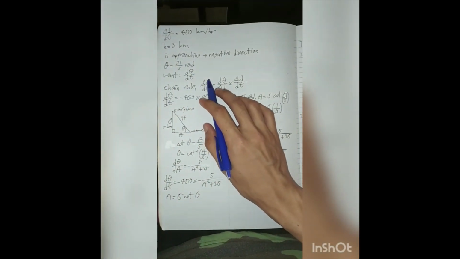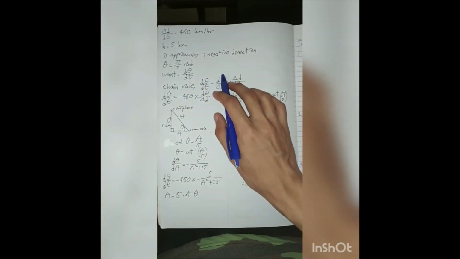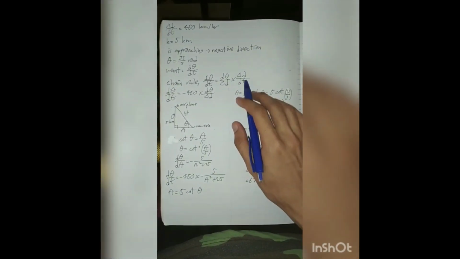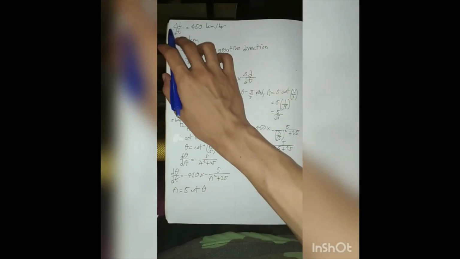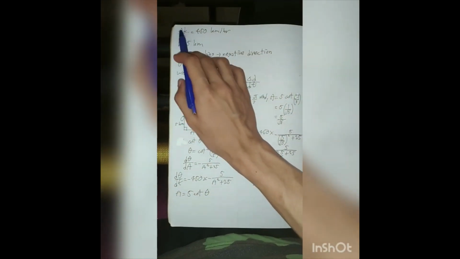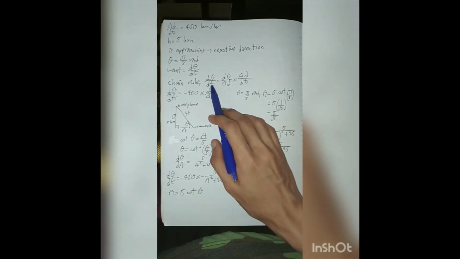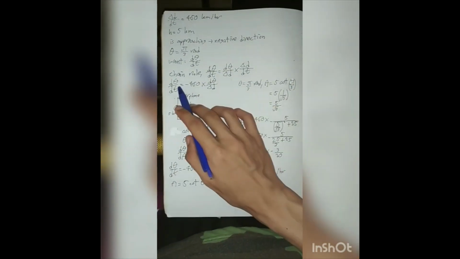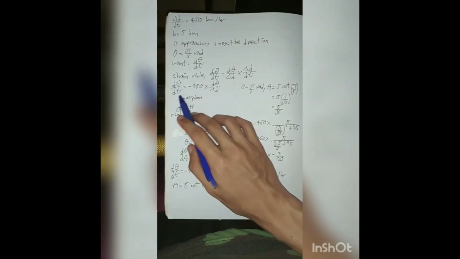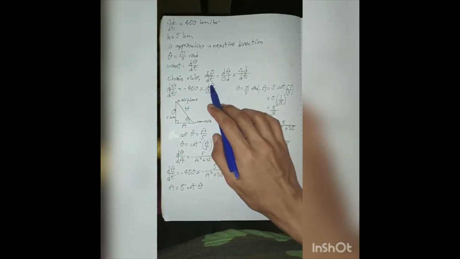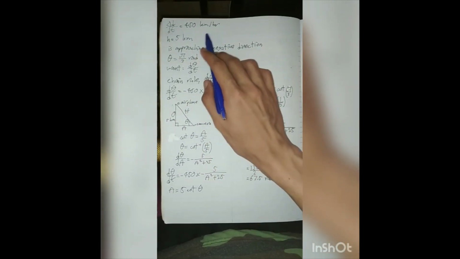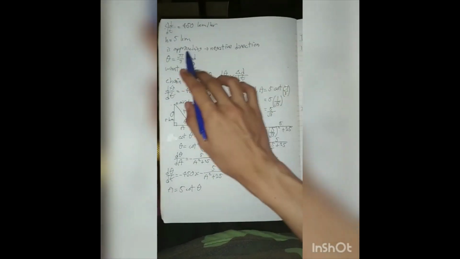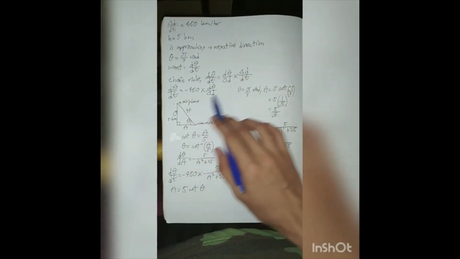Here we have d theta over dt is equal to d theta over dx times dx over dt, because dx over dt is the one that the question gives, and d theta over dt is the one that the question wants. So we can rewrite like this: d theta over dt is equal to negative 450 times d theta over dx, because it's negative, moving in the negative direction, approaching the camera.